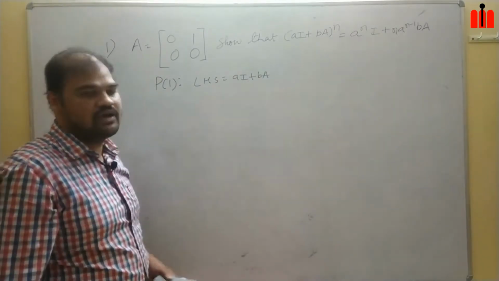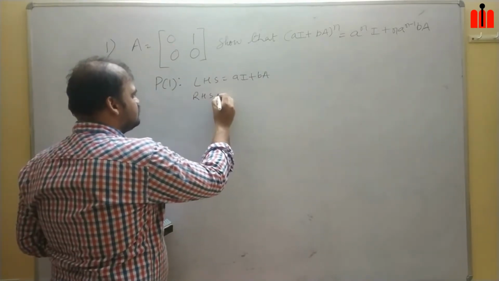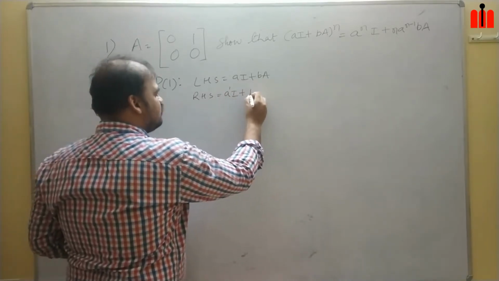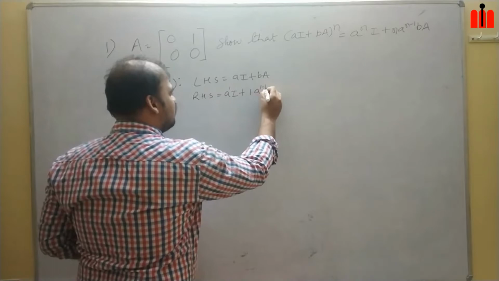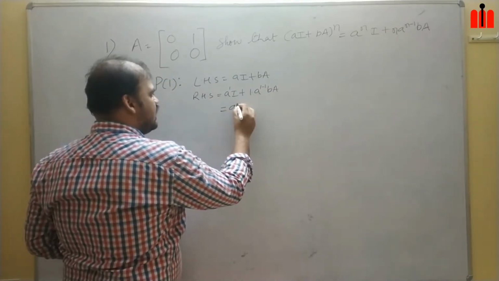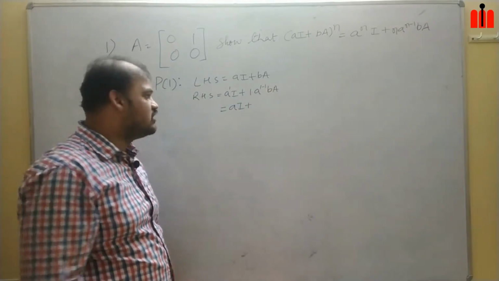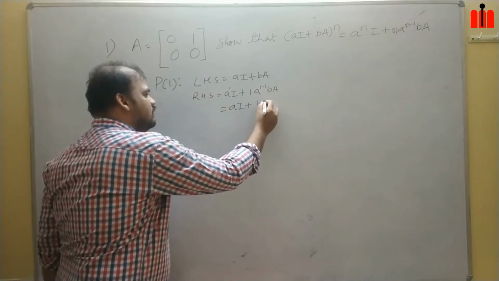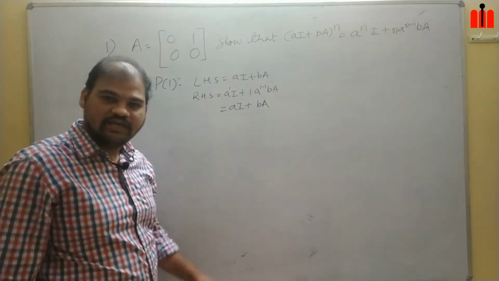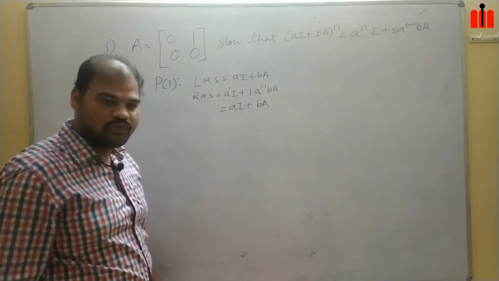Now let's move on to our RHS. RHS will be a^1 I + 1 into a^(1-1) bA. This is equal to aI + a^0, which is nothing but 1, so aI + bA. Okay, so LHS equals RHS. That means the initial check is done. So P1 is true.